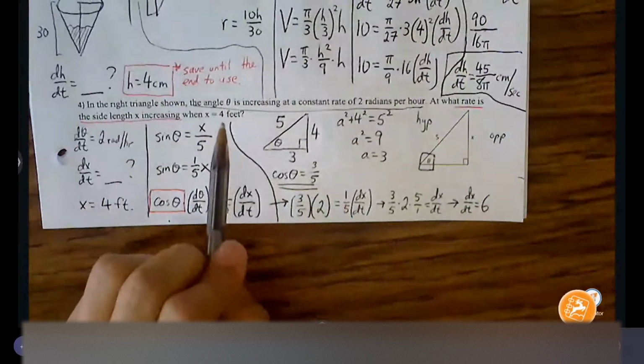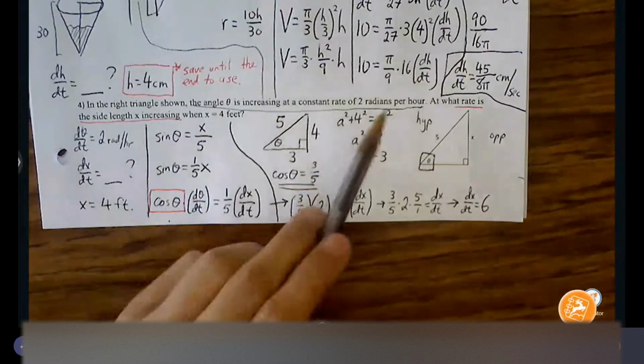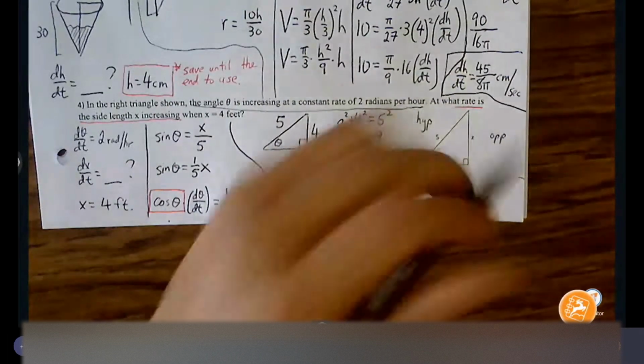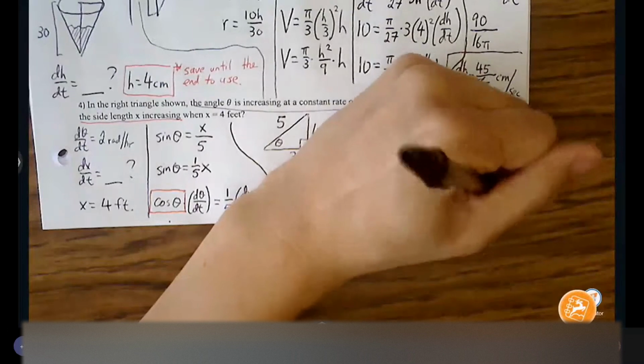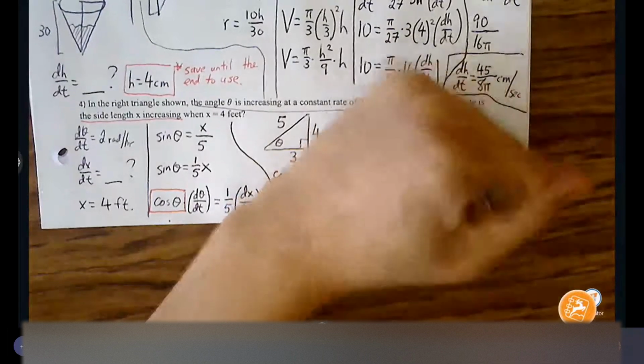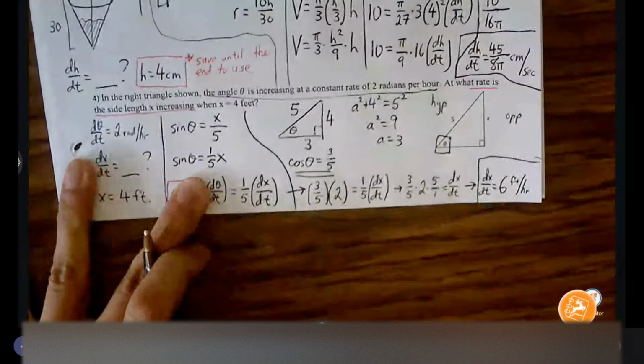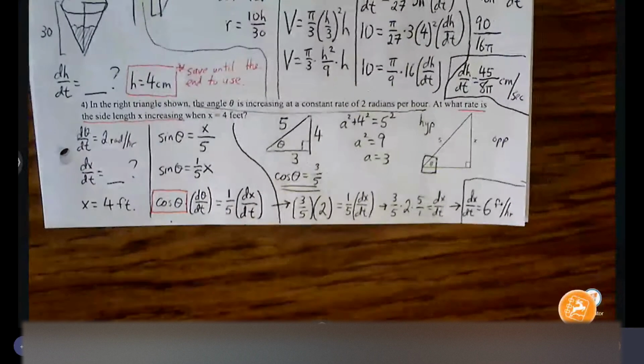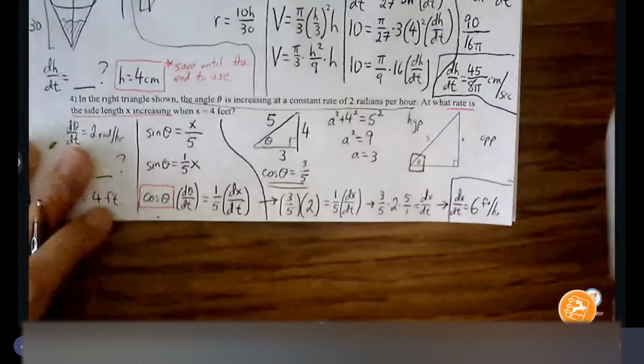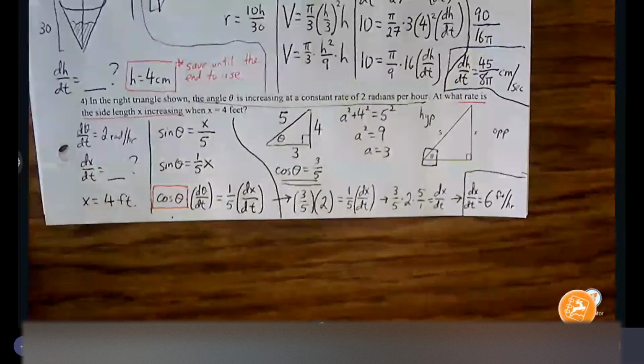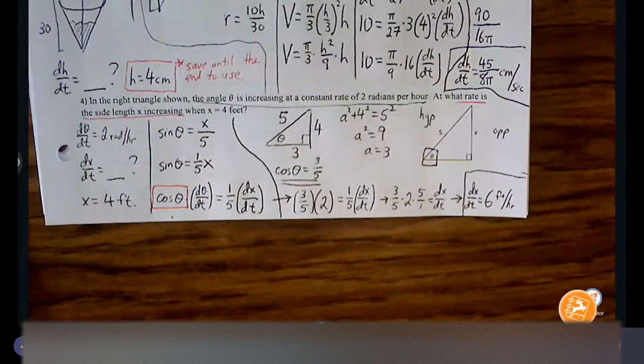So x is in terms of feet, time unit is hour, so feet per hour. I want to make sure that we remember how to handle these very specific problems involving related rates and trig.